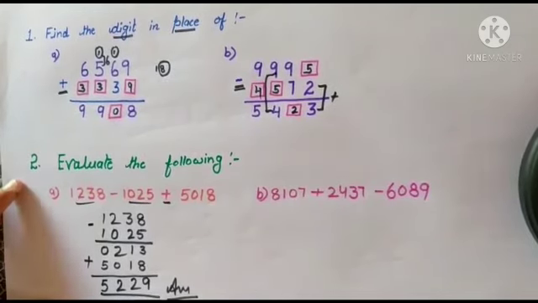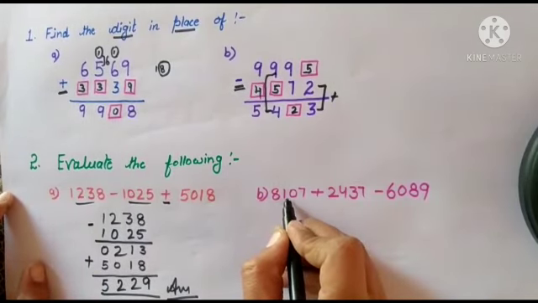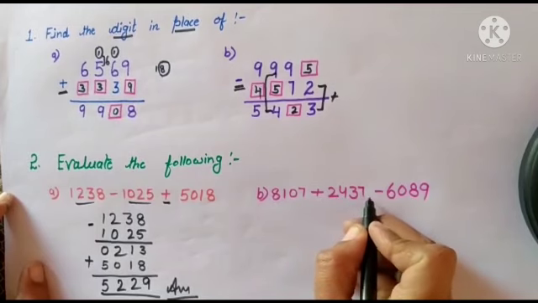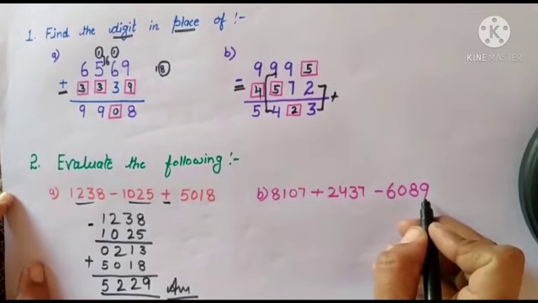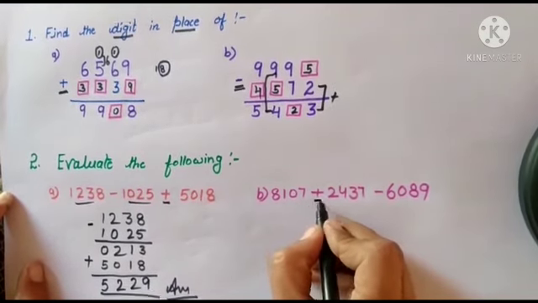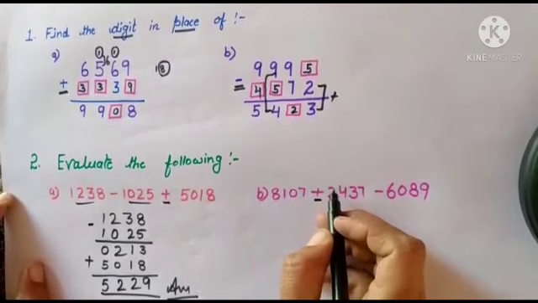Students, let us see the second question. The second question is 8107 plus 2437 minus 6089. So, first of all, here the sign is plus. So, these two we have to add.